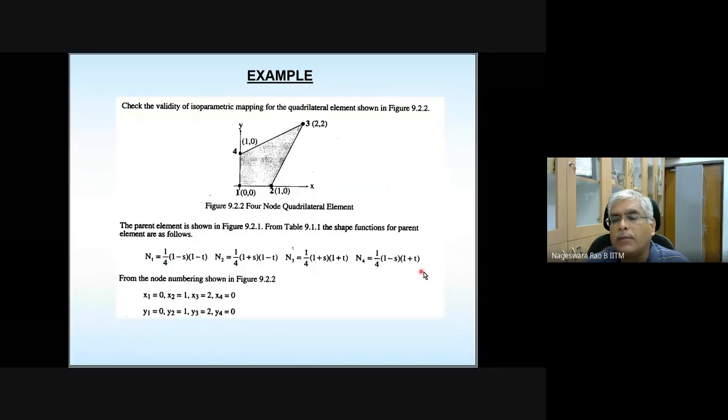So these are the shape functions for the parent element. Even though the actual element is looking like this, we are going to map onto a regular parent element, where S goes from -1 to 1, T goes from -1 to 1. In that case, the shape function expressions are these, and these are the nodal coordinates. Please quickly take a note of it.